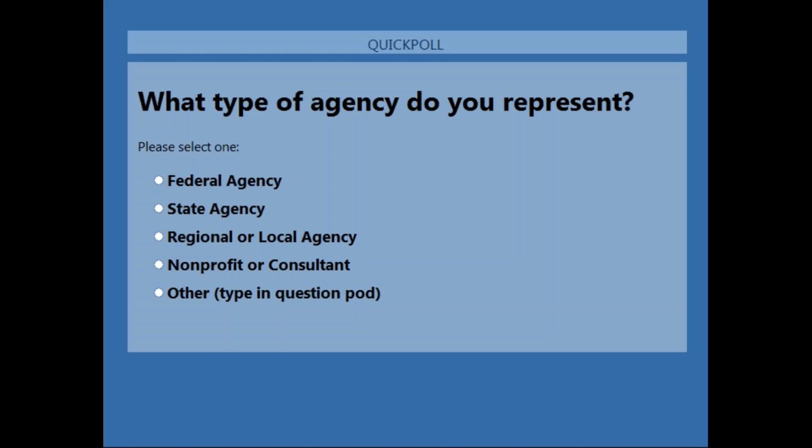Are you with a federal agency, a state agency, regional or local agency, that would be like MPO, RPO, a city or county, a nonprofit or a consultant group, or something else? And if you fit into the other category, let us know who you're with, and I'll try to read off some of those as we go. So we'll leave this open for maybe 5 more seconds, and then we'll turn it around and show you who's on the line and who your peers are here.